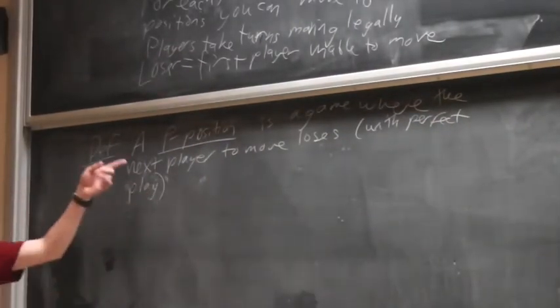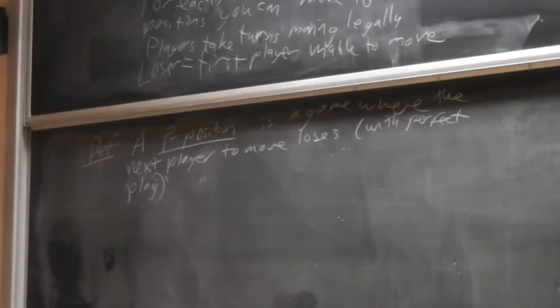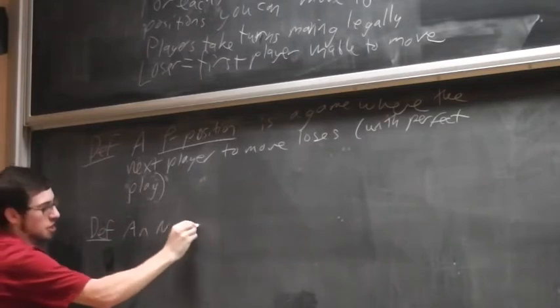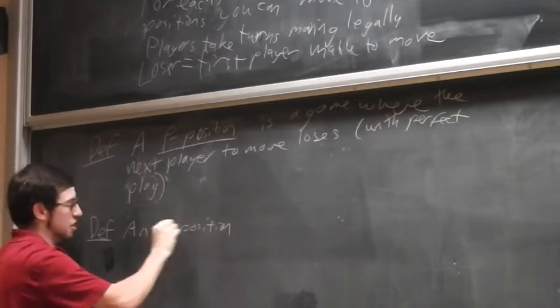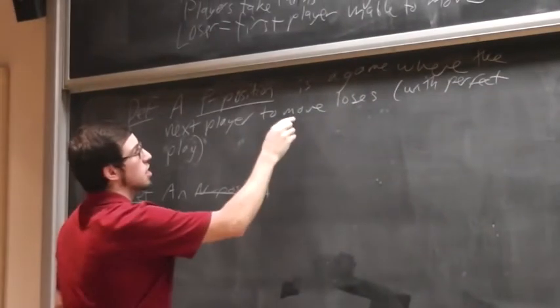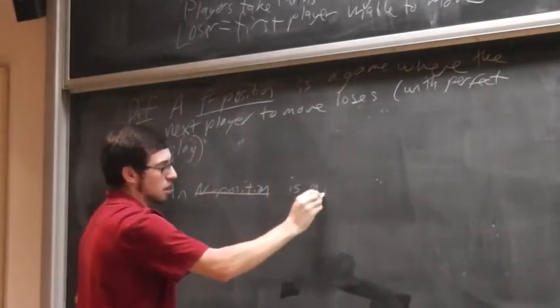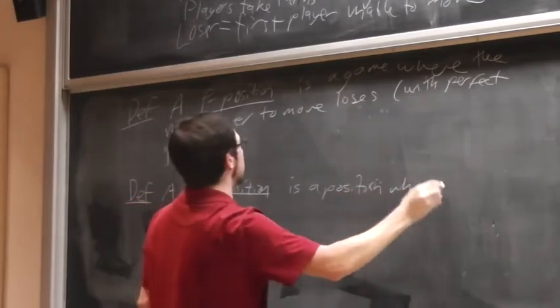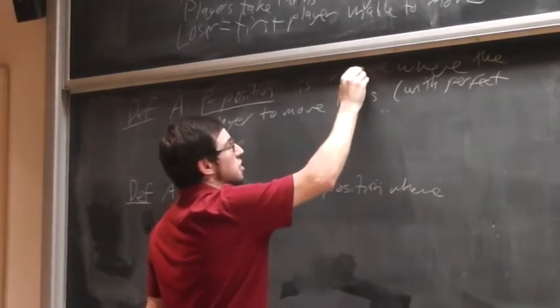The P stands for previous because the previous player wins. And then an N position is not a P position. It's one where the next player wins. So this is a position.